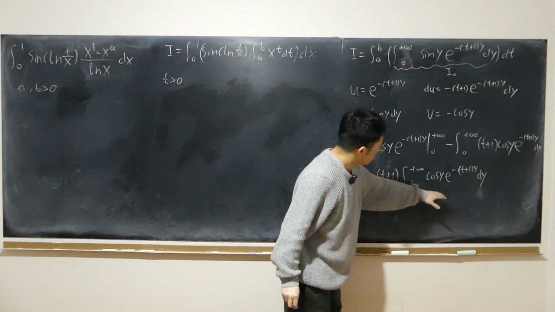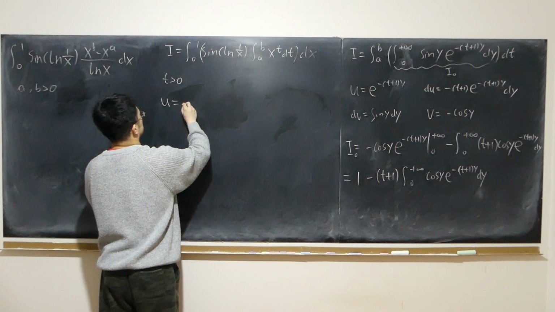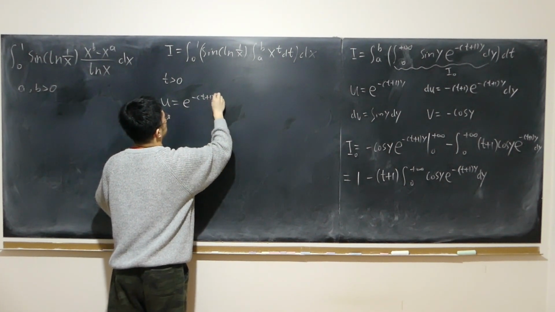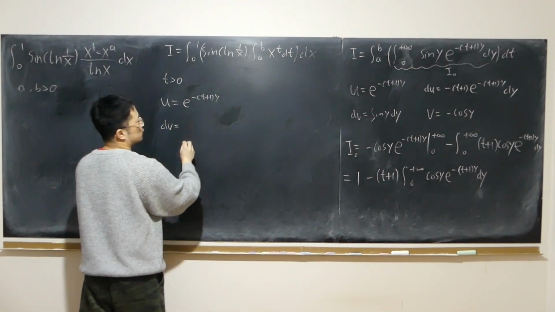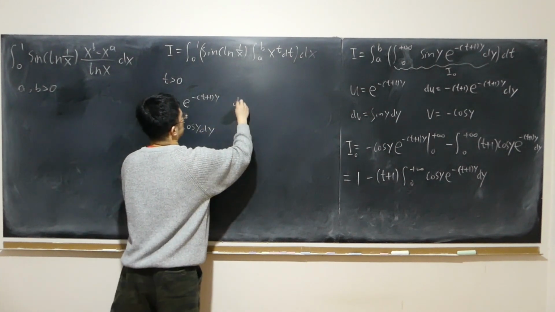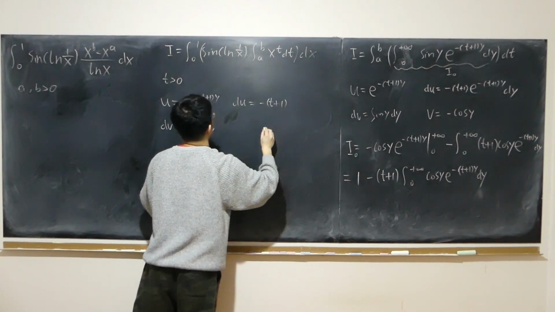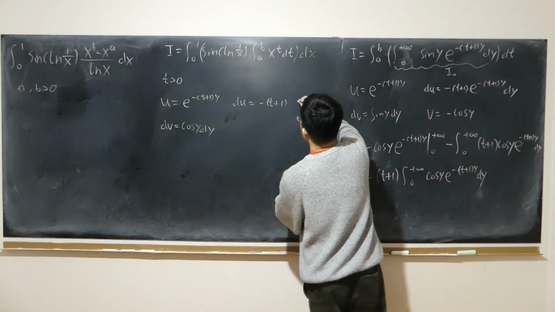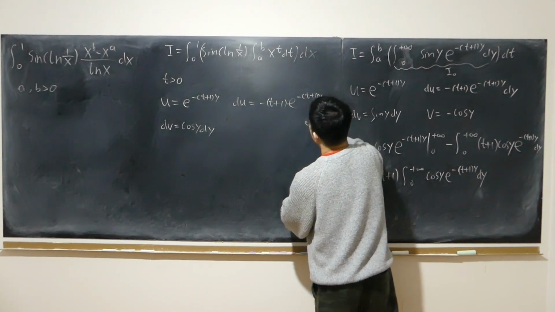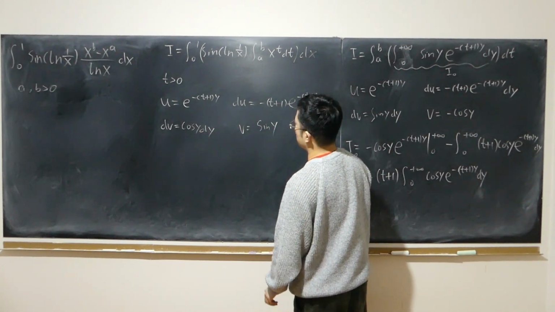Again, I'm going to let this equal u, and this equal dv. u is e to the negative of t plus 1 times y, dv is cosine y dy. So du is negative t plus 1 times e to the negative of t plus 1 times y dy. v is equal to sine y, of course.